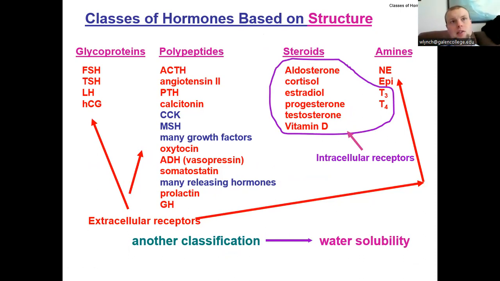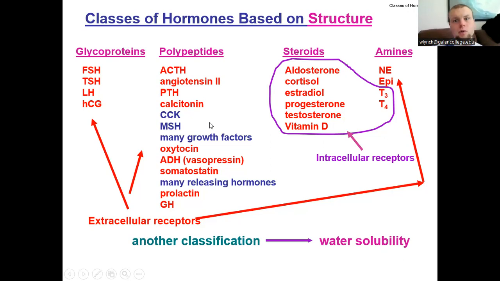They are based on the cholesterol structure, which is a lipid, so they can easily diffuse through the hydrophobic section of the cell membrane. That means they have receptors in the intracellular space, either in the cytosol or on the nucleus of the cell. So intracellular receptors exist for our steroid hormones and also for the thyroid amine hormones, T3 and T4.